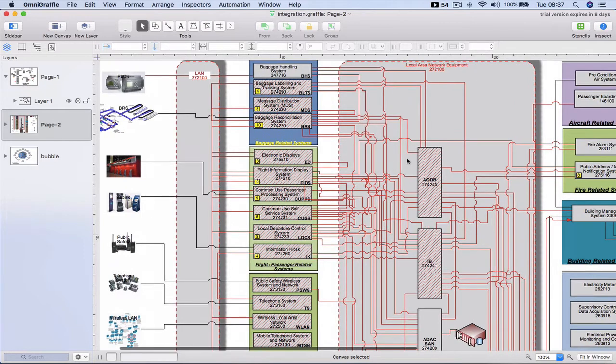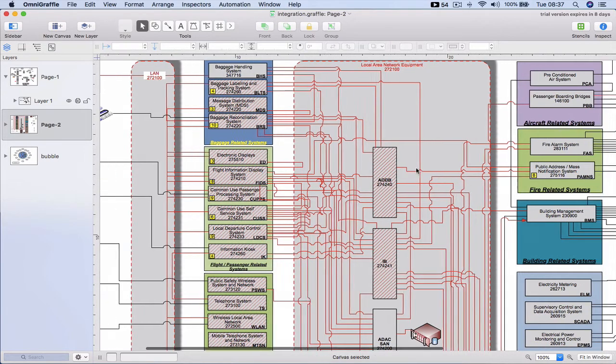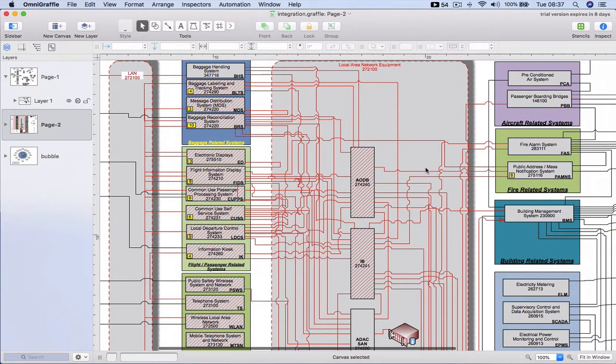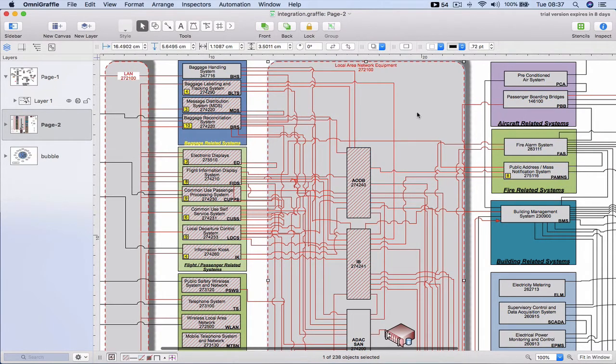The interesting point of this type of drawing is every one of these lines has to have a data definition or an interface control document. How does the public address system connect to the AODB? What's the purpose? Is it to get flight information or whatnot? So this system has to talk to that one via the local area network.